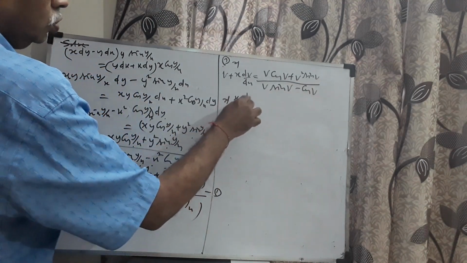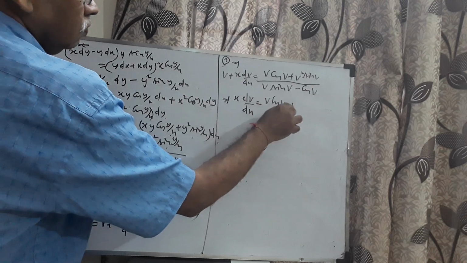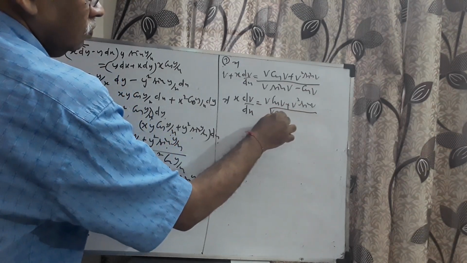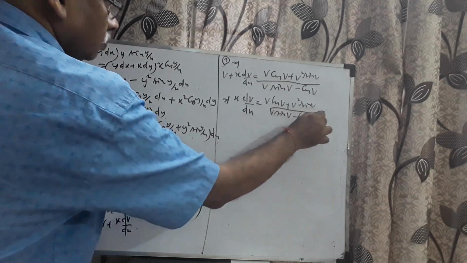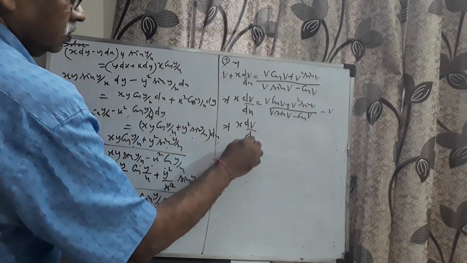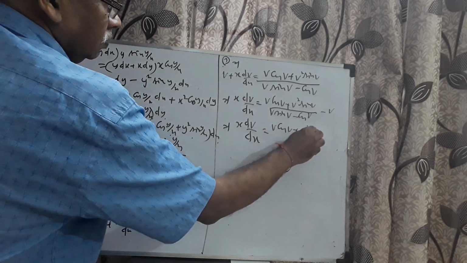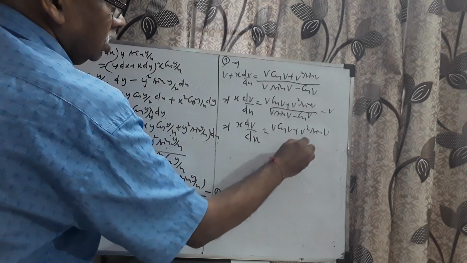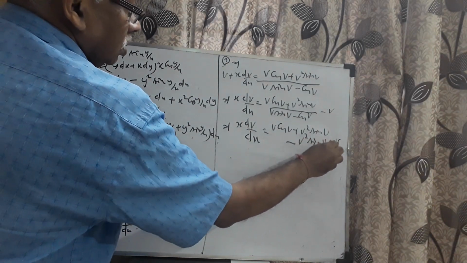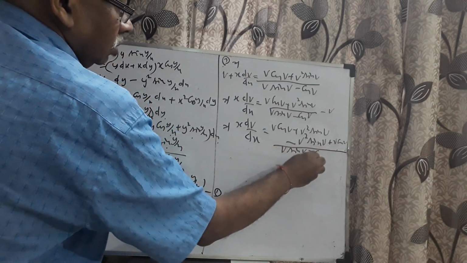This will imply x dv by dx is (v cos v plus v square sin v) by (v sin v minus cos v) minus v, which implies x dv by dx is (v cos v plus v square sin v minus v square sin v plus v cos v) divided by (v sin v minus cos v).